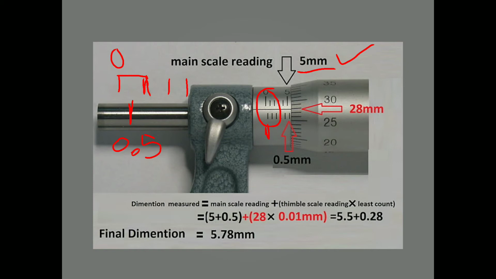So the main scale's minimum division is 0.5.